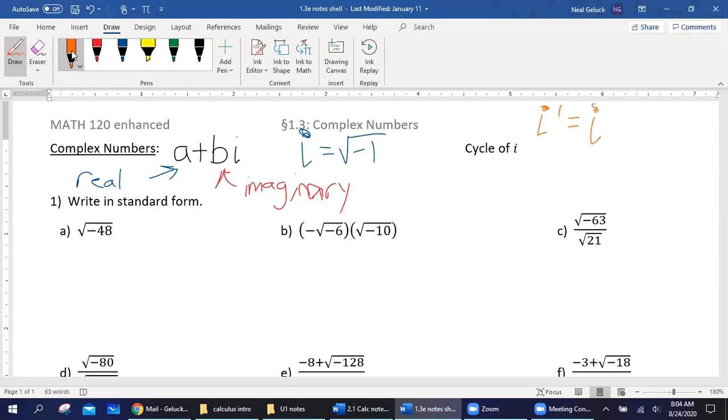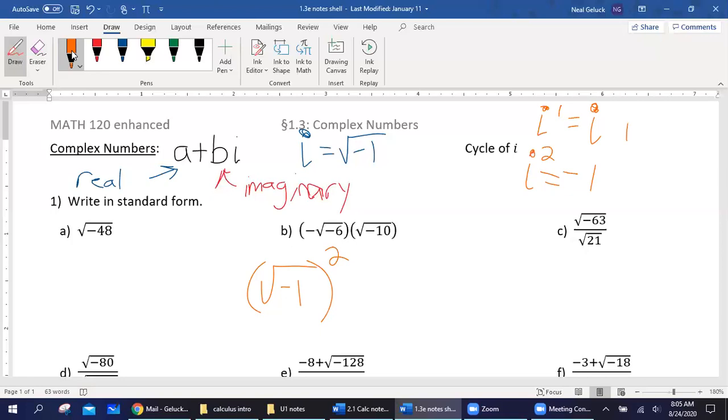Anything to the first power is itself. i to the second, well, off to the side here, let's think about this. If i is the square root of -1, raising that to the second power, square root squared, they get rid of each other. i squared would be -1. That's a little funky. We square an imaginary number and we get a real number out of it.